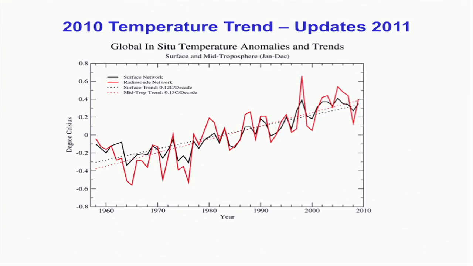Of course, they give measurements all the way through the troposphere. And again, you can see that the trends are quite similar, although the warming seems to be a little bit higher in the mid-troposphere. Now, the advantage of balloons, these radiosonde measurements, is they provide in situ measurements. The advantage of satellites is that they provide global continuous measurements.